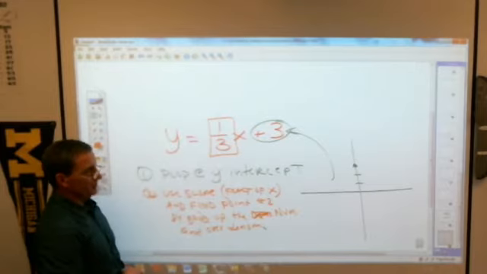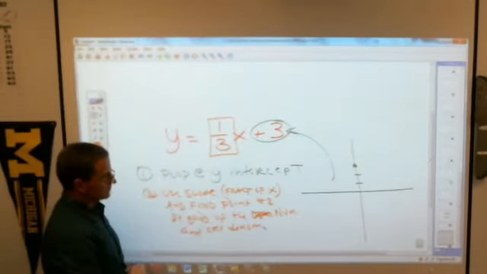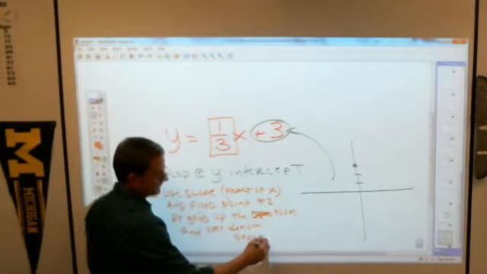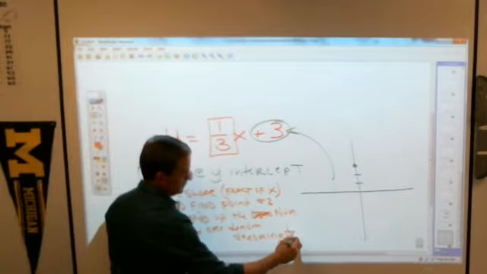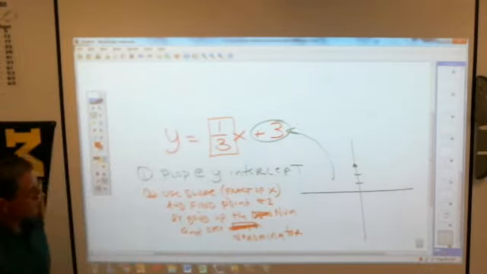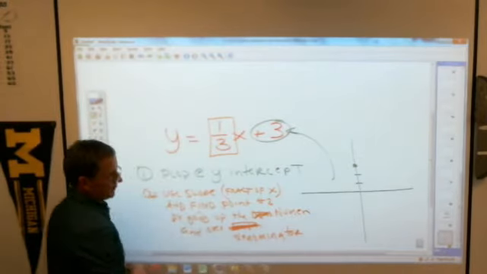Okay, so that means this. Up the numerator, over the denominator.